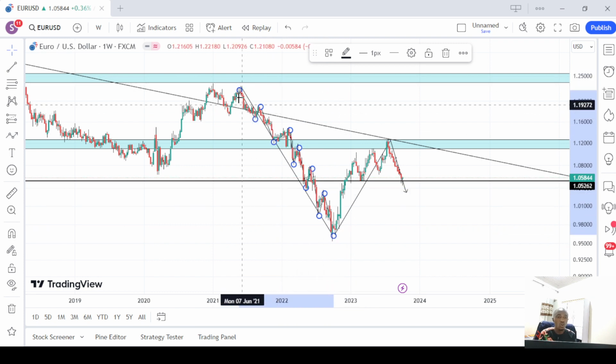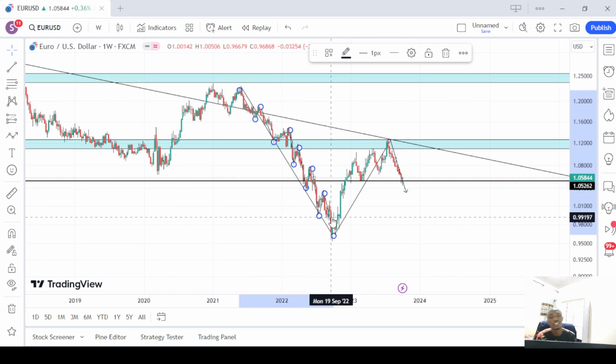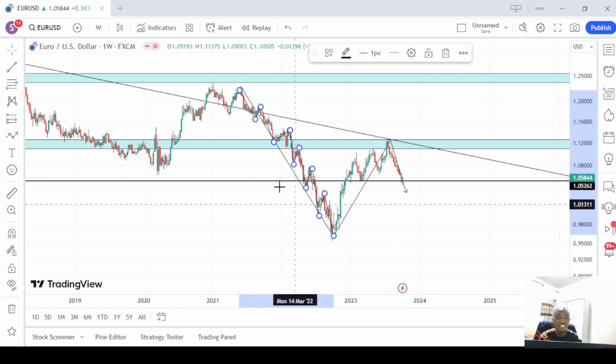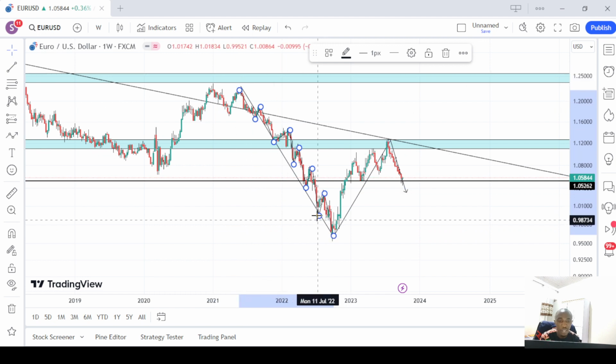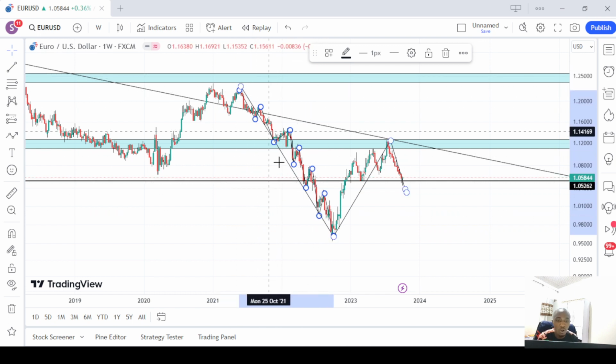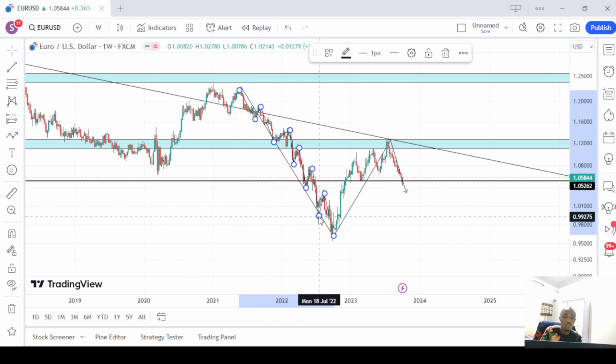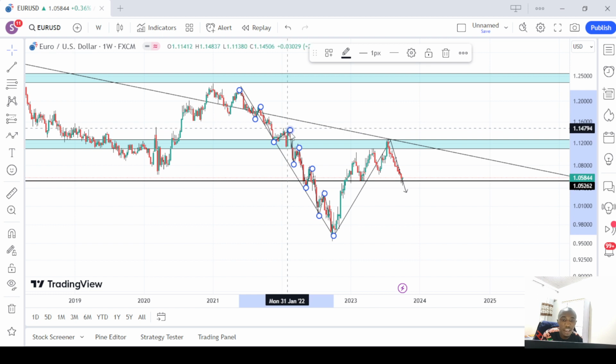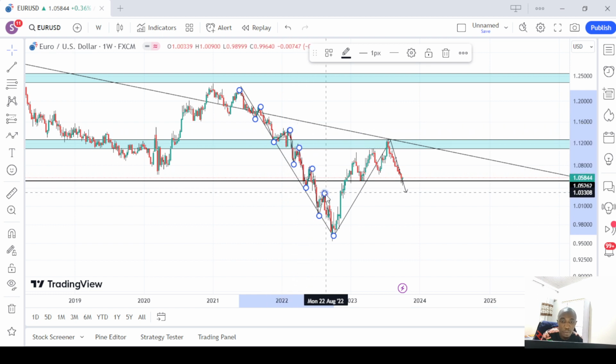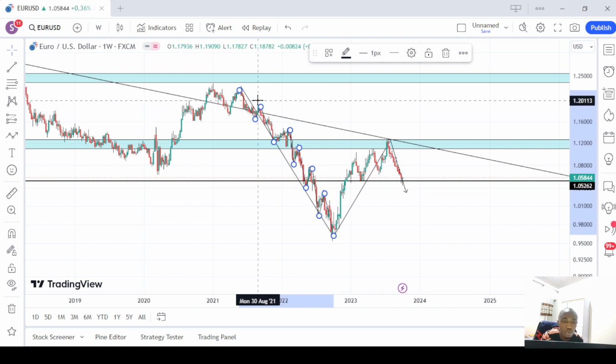So this is structure in one sell market, in one bearish trend. You can see it going down. Once we go down to the daily and to the 4-hourly, it's the same thing, and we enter our preferred point of interest where we would want to enter for a sell.